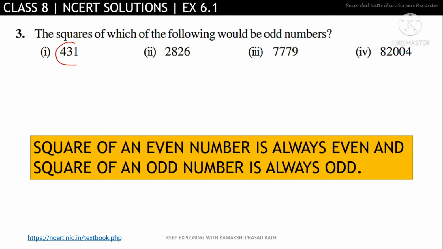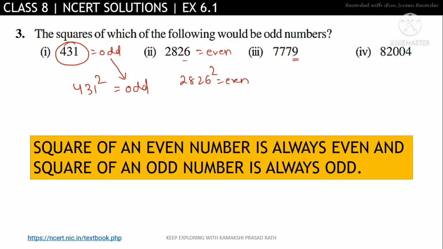You can see the first question, 431. It is an odd number, so its square, 431 squared, will also be an odd number because the square of an odd number is always odd. Second one, it's even, so it cannot be odd. So the square of 2826 will also be even.